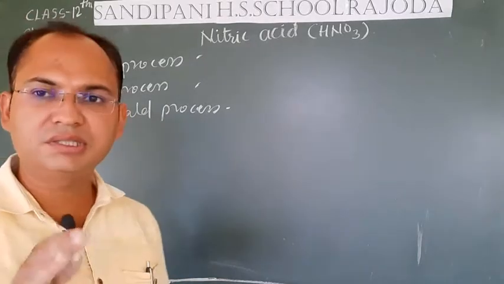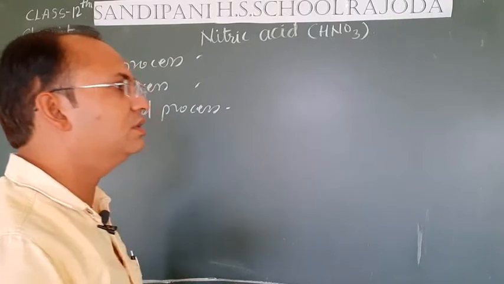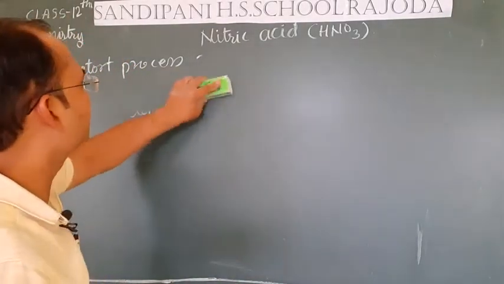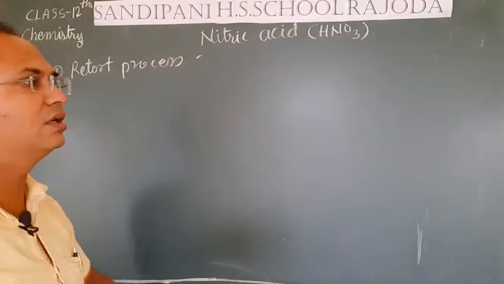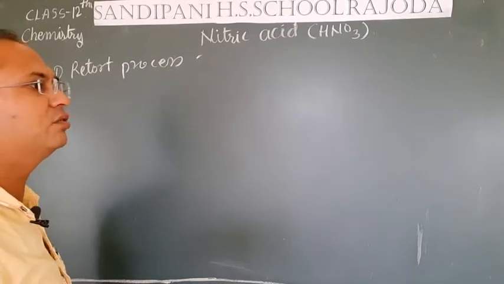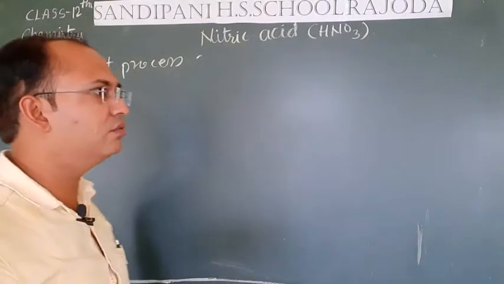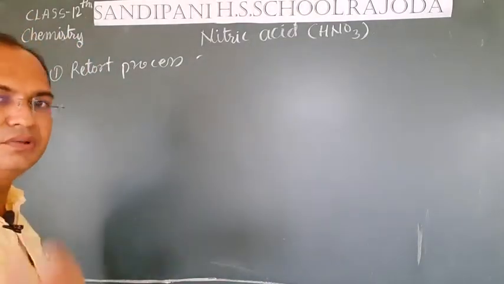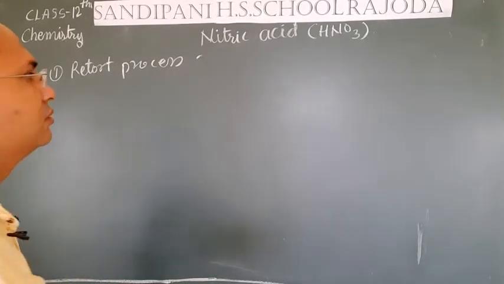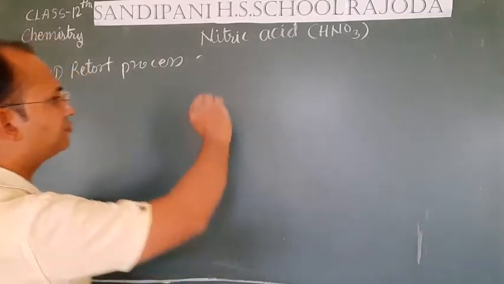The retort process is nowadays not very useful, but in ancient times or in the beginning it was very useful. Let's see which type of reaction takes place in the retort process. In the retort process, potassium nitrate, that is KNO3, reacts with sulfuric acid H2SO4 to produce nitric acid and potassium hydrogen sulfate. Let's see the reaction.